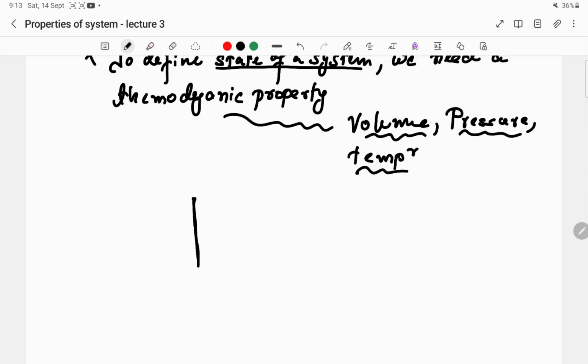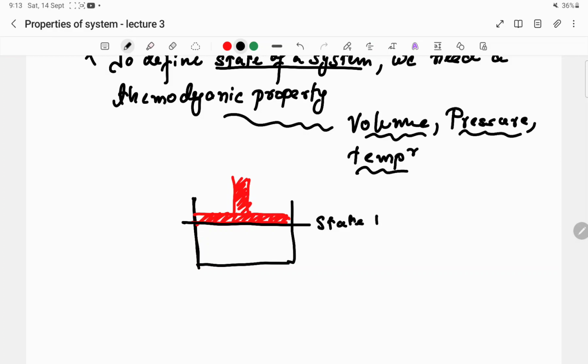Suppose this is a cylinder piston arrangement. Let's say it is at this state. This is state 1, and after some time, after going down, the piston position in the cylinder is this state, state 2.